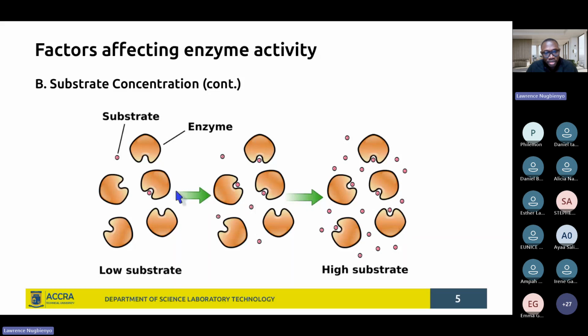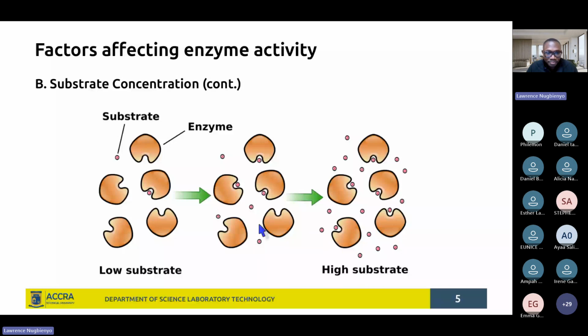There are no substrates that are bound to them. And as you continue to increase the amount of substrates, the enzyme molecules which were free begin to get occupied with the extra substrates that you introduce into the reaction system, to the point where you have all the enzyme molecules getting engaged. They are all occupied with substrate molecules.